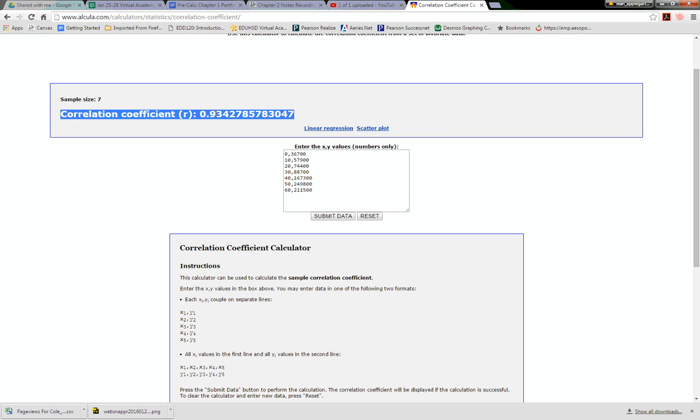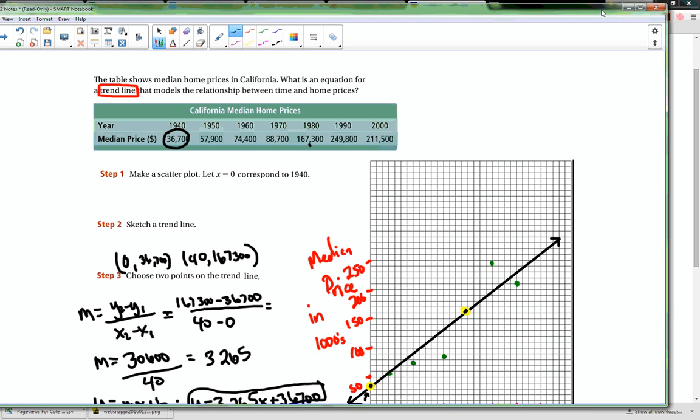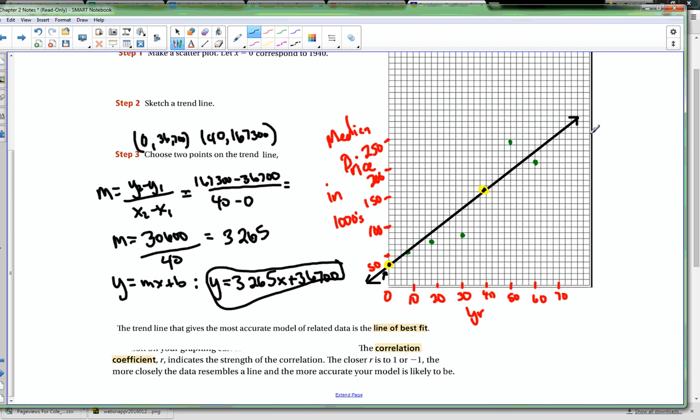It's 0.93427. So let's copy that. So if we're following, the closer R is to 1 or -1, the more closely the data resembles a line, the more accurate our model is likely to be. We are at 0.93, so that's pretty accurate, pretty close to 1.